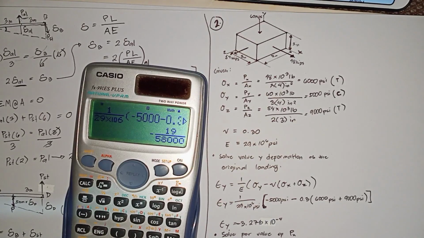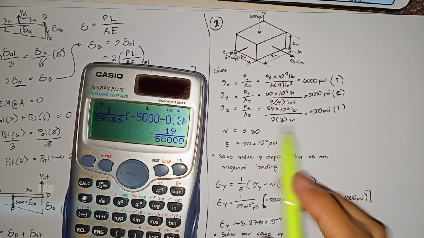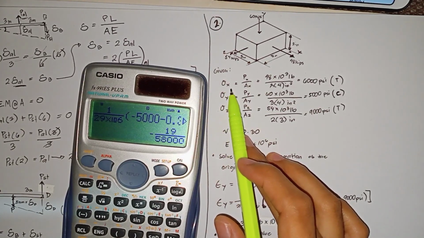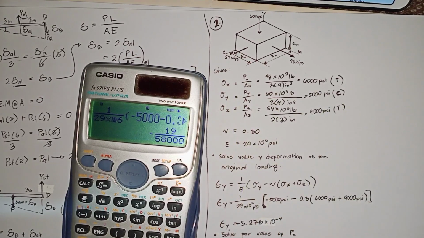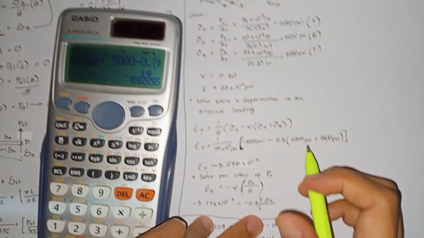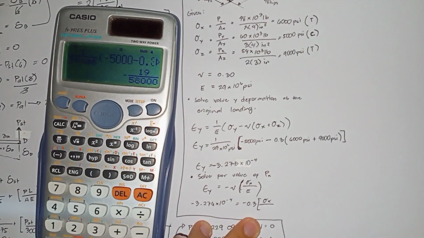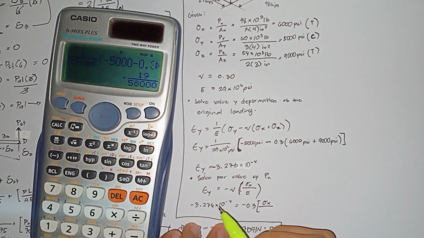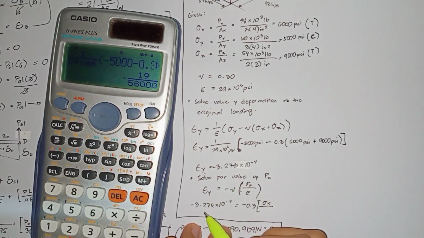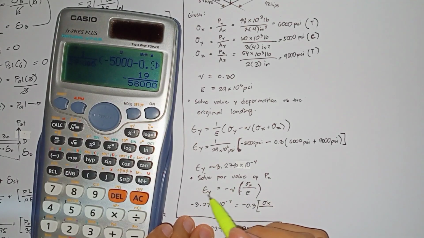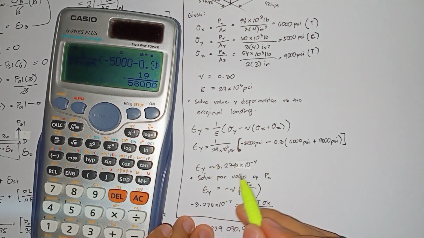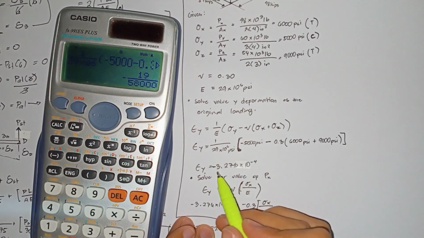So, si stress of x is hindi pa natin alam. Kasi yan siya yung parang magiging bagong value ng stress natin. Hindi natin siya pwedeng gamitin. Kasi ito siya is para sa tatlong loading, while ito siya is single loading lang. Okay, so ulitin ko lang, ito yung formula natin, and then substitute lang natin dito sa strain y yung value na nakuha natin sa first equation.